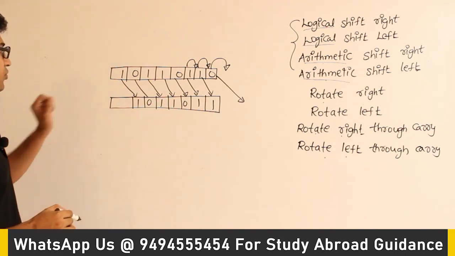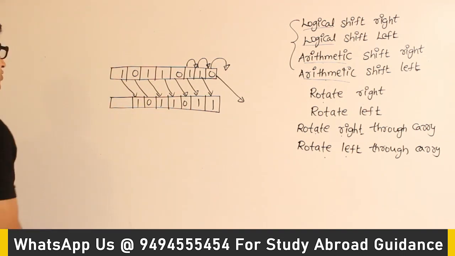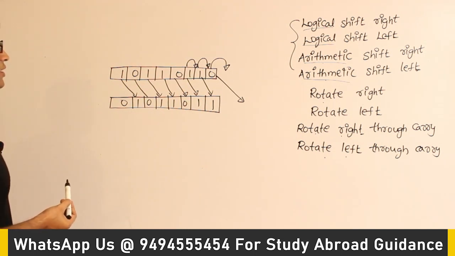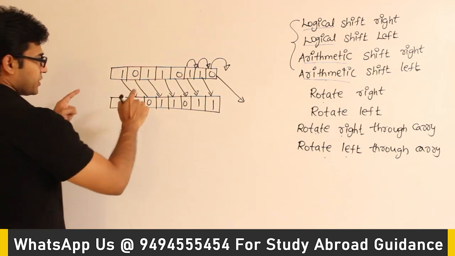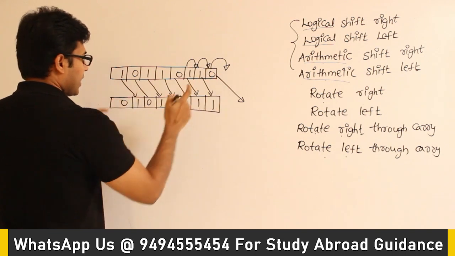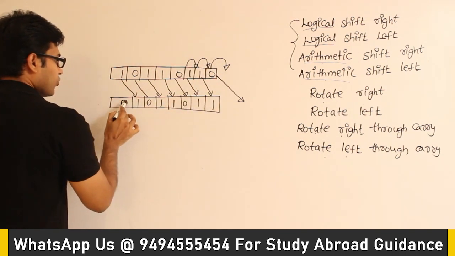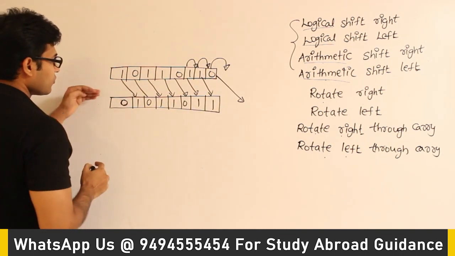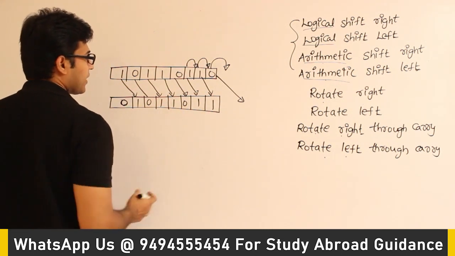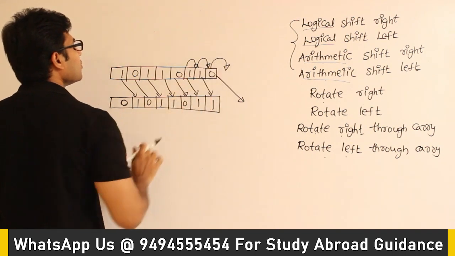And now the leftmost bit, there is nothing there, so we are going to fill it with 0. Got it? So this is called logical right shift. We shift all the bits one position to the right, and in the most significant bit we fill 0. That is called shift right, and the rightmost bit we are going to lose.